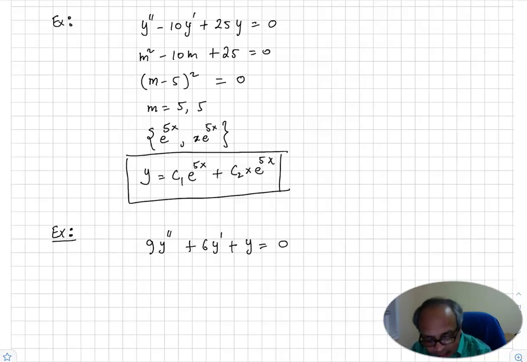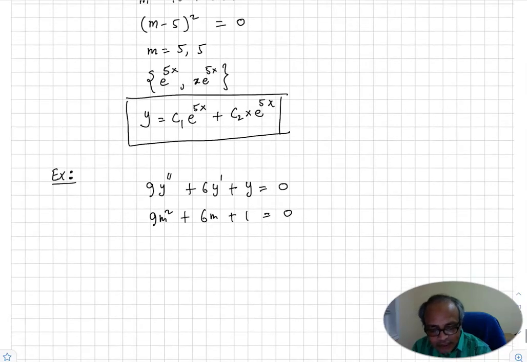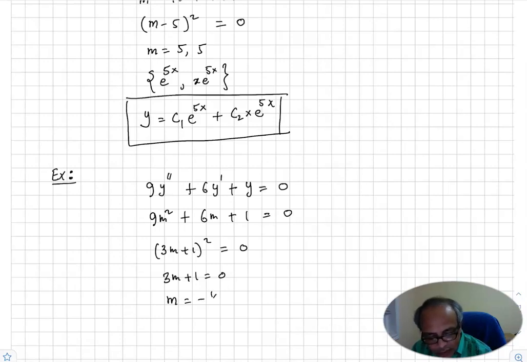And this one, the same way, you find the characteristic polynomial, and this time the coefficient of the highest derivative is not 1. So maybe we can write 3m plus 1 squared equals 0. So 3m plus 1 equals 0, and it is repeated, so I am going to write m equals minus 1/3, minus 1/3.